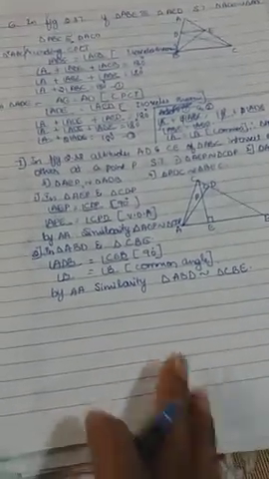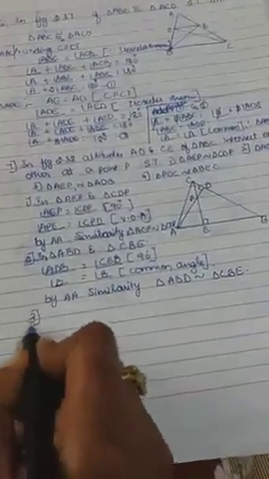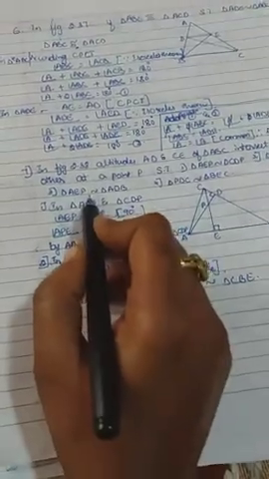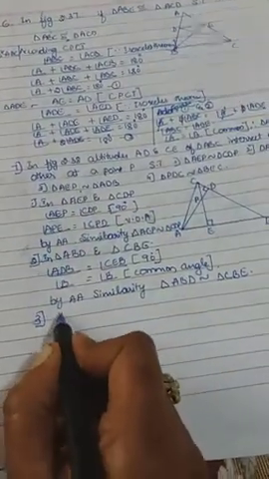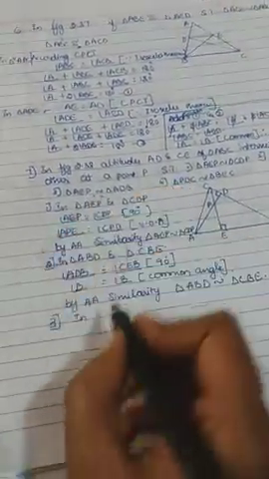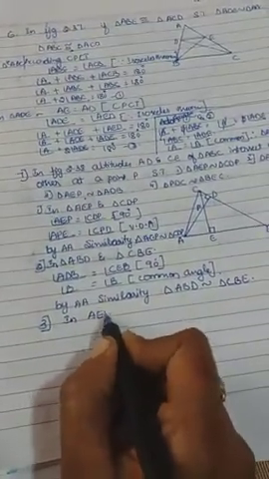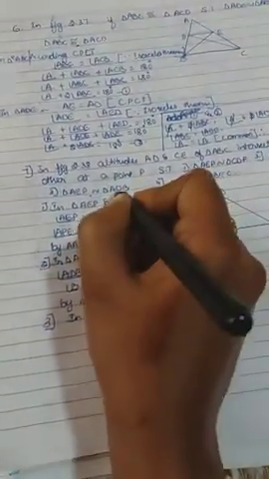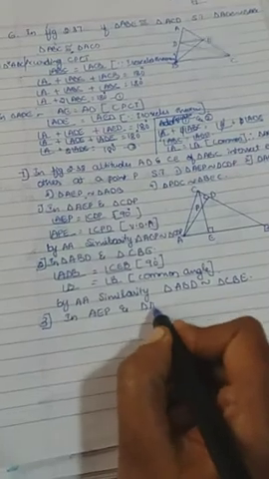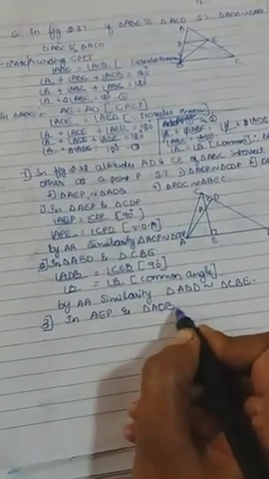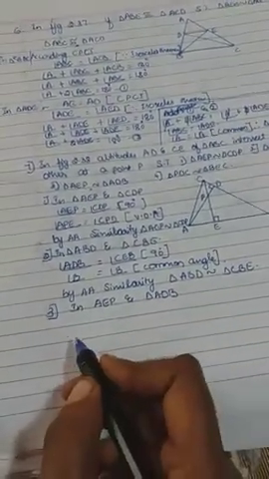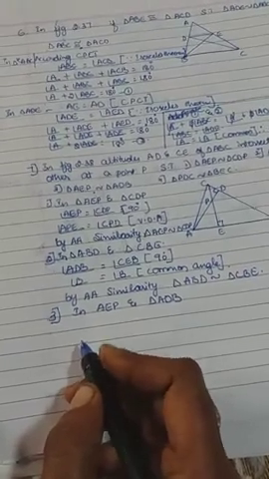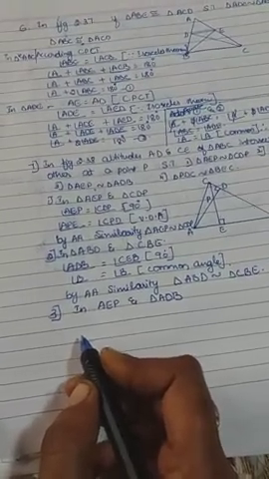Okay, so let us take the third one. Whichever triangles have been given, only those triangles we take. In triangle AEP and triangle ADB, here also we can take a 90 degree angle.